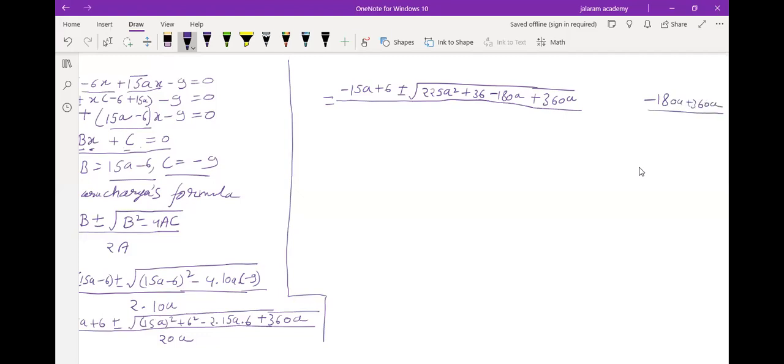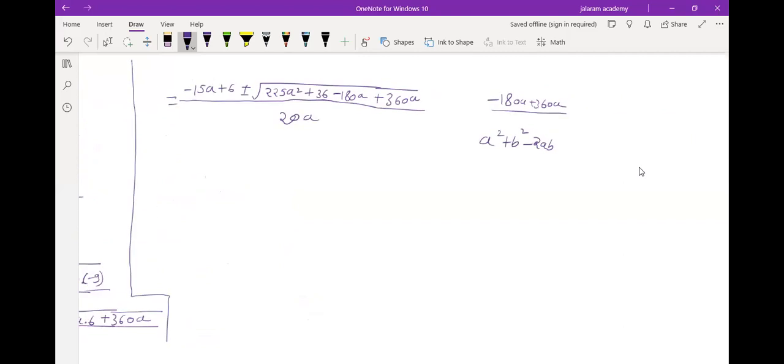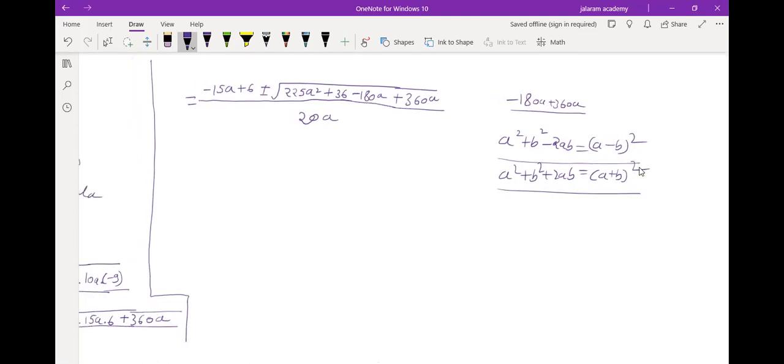Plus 180a. Means in place of minus 180a, there is plus 180a. It is the same as the formula a square plus b square minus 2ab, which we know equals a minus b whole square. But if minus 2ab is replaced with plus 2ab, the result will be a plus b whole square. Is that clear to you? Similar happens inside this bracket also.